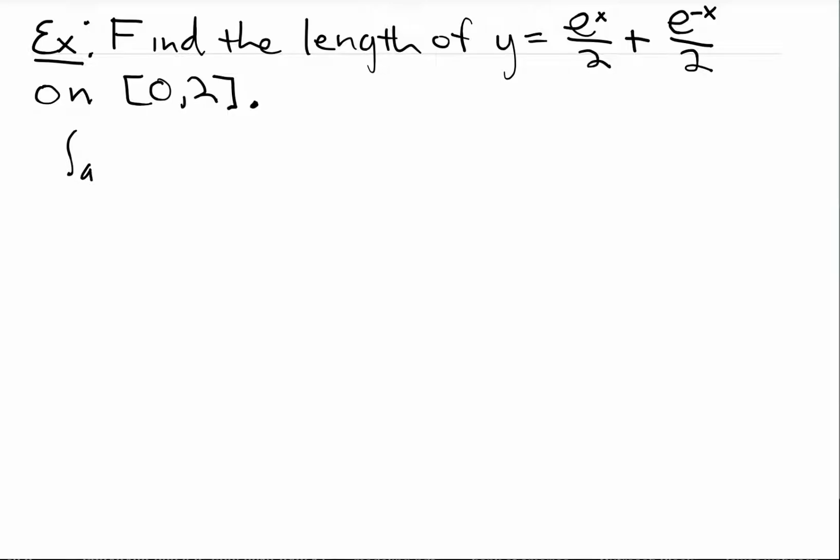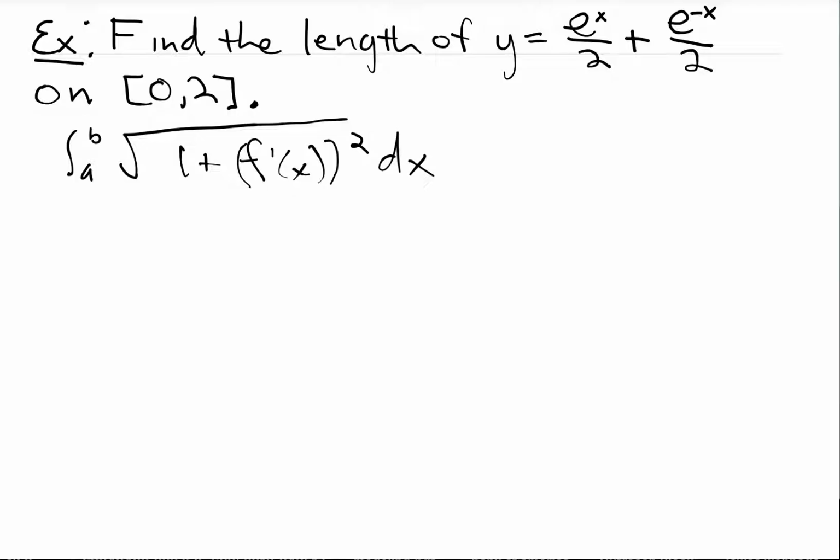I will pretty much always start out with my integral formula and figuring out whatever my function is. So in this case, the curve that they gave me, this is my function.